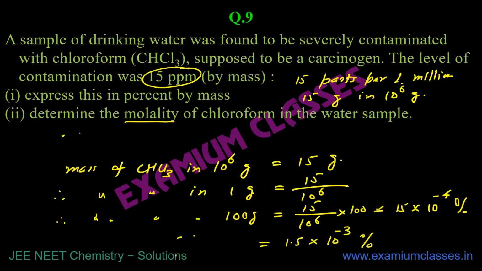So it is approximately equal to the same. What we will do is we will say the number of moles of chloroform in these many grams. In these many grams of water, you have these many grams of chloroform. This is given.